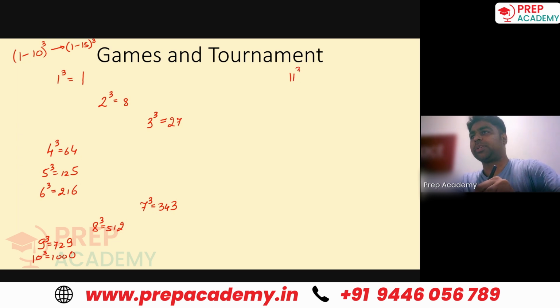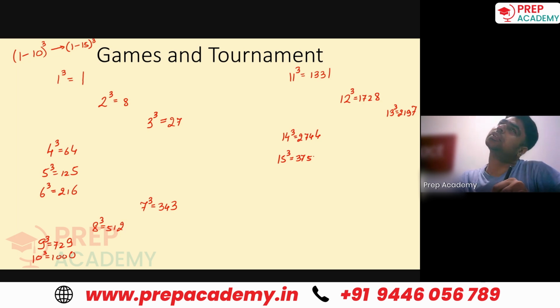As I told you, you should be knowing the cubes till 15 or 16. So I'll write those also for you. 12 cube would be 1728. 13 cube would be 2197. 14 cube would be 2744.